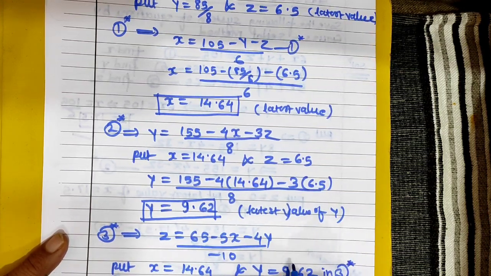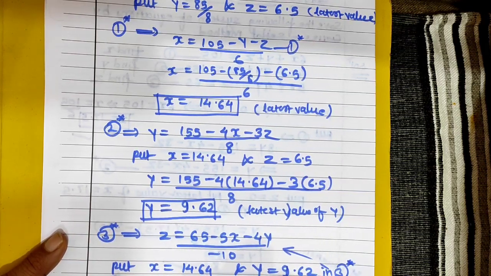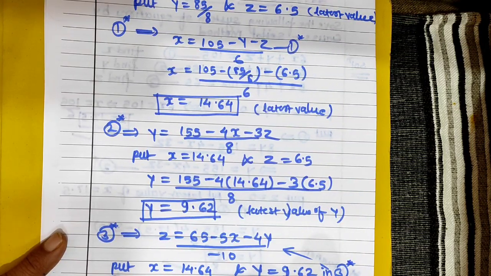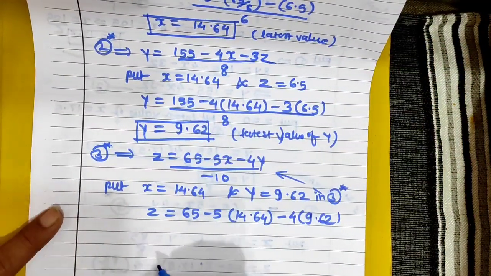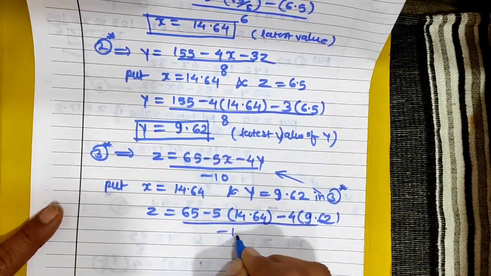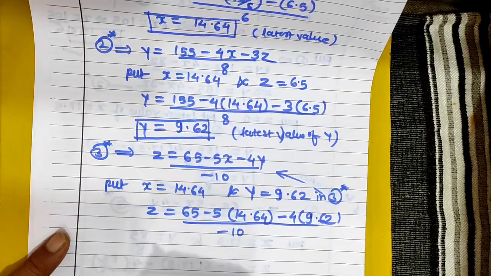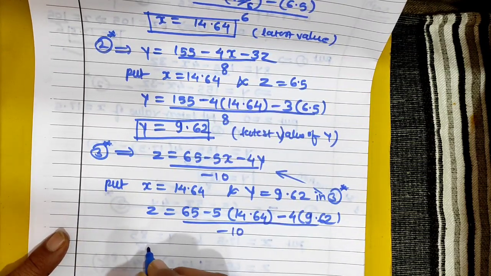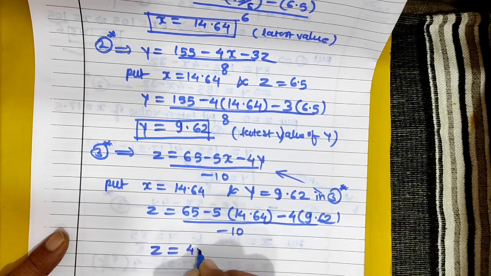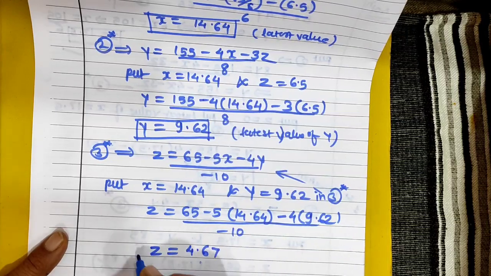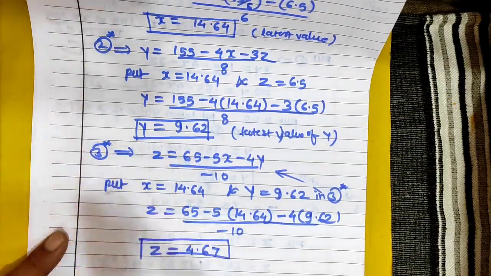So z equals (65 minus 5 into 14.64 minus 4 into 9.62) divided by minus 10. If we do the calculation using a calculator, we get z equal to 4.67. This is our second iteration.